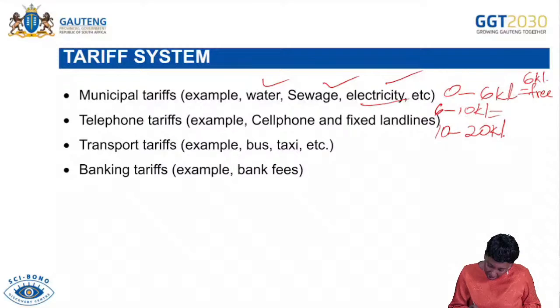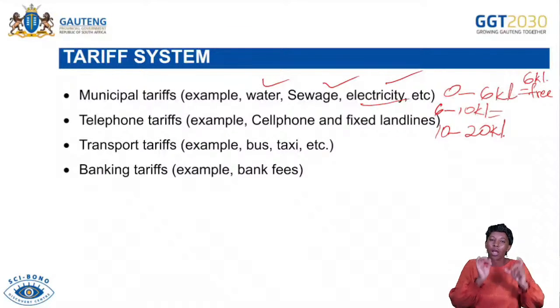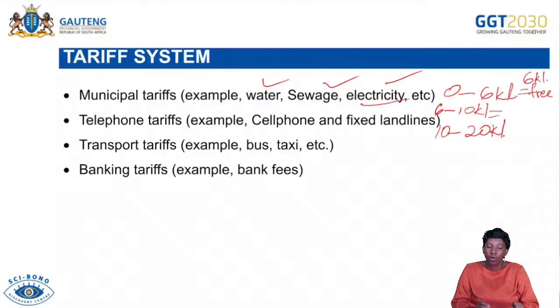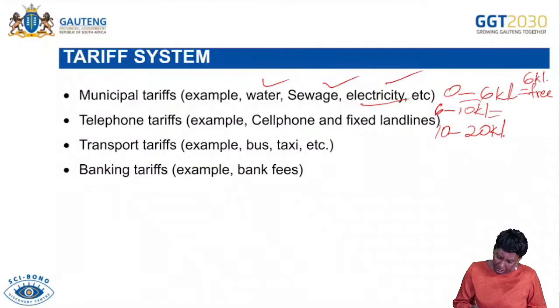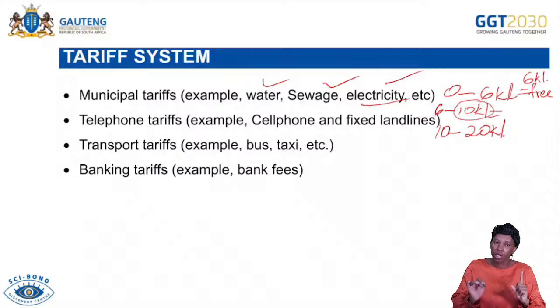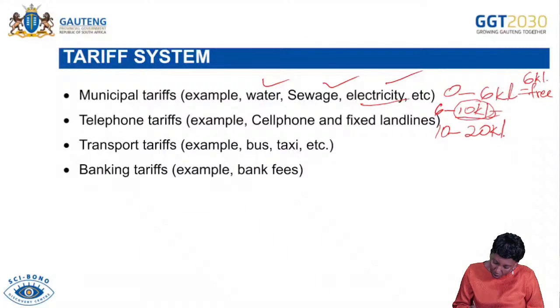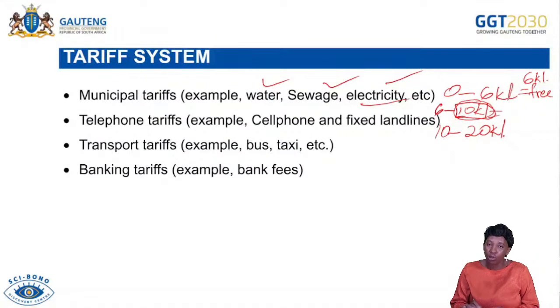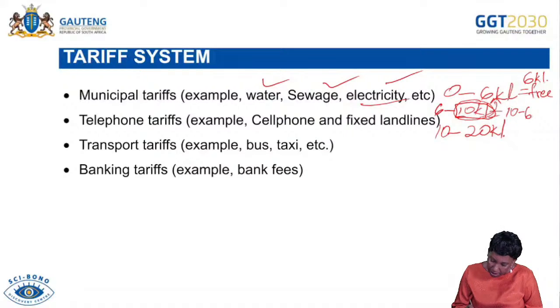But coming to sliding scale number 2, 6 to 10 kiloliters, how am I going to know the number of kiloliters that I have used, the consumption of water? For me to be able to do that, I will take this 10 kiloliters and subtract. We are saying the maximum of bracket number 2 minus the maximum of bracket number 1. So it will be 10 minus 6. That will give us 4 kiloliters.